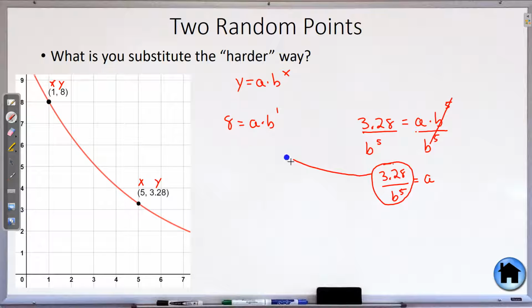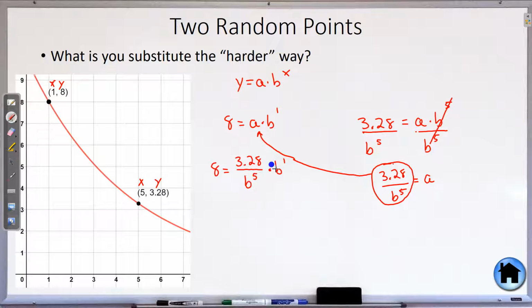Let's fix that arrow. We are solving for a. So our equation becomes 8 is equal to, instead of a, we're putting all that, 3.28 over b to the fifth, and then times b to the first.